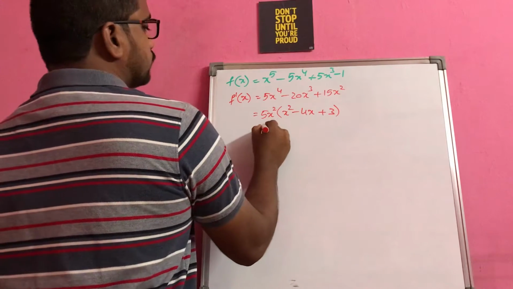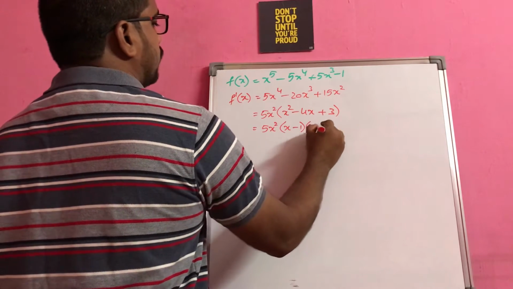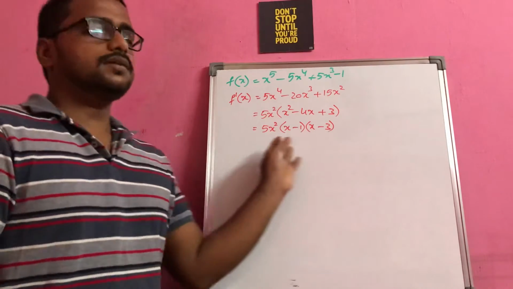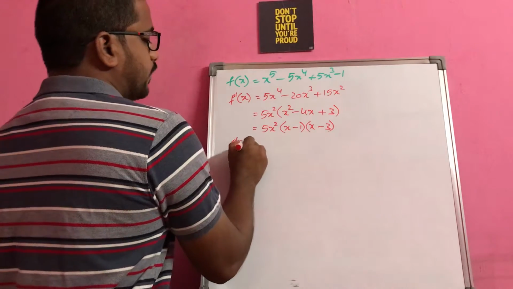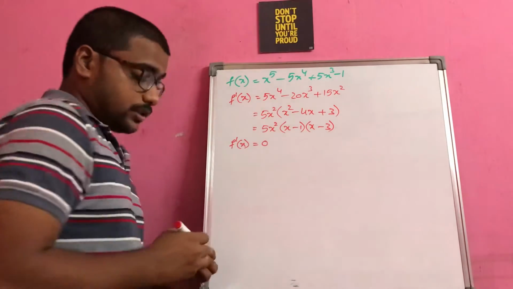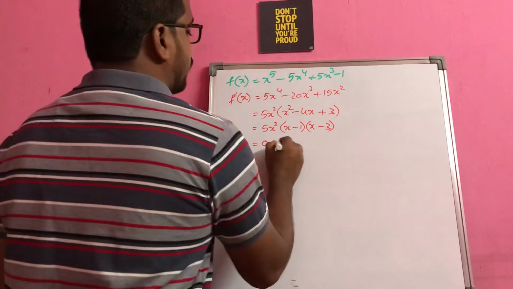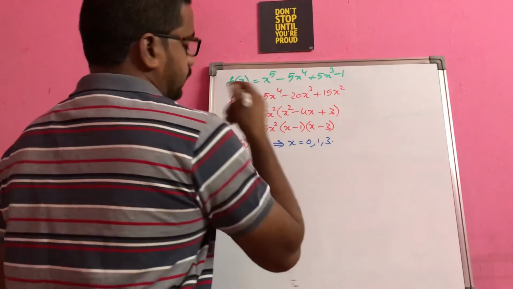This we know we can factorize as x minus 1, x minus 3. Okay, so you are getting f dash of x. So what we will do generally as the next step is equate f dash of x to 0. Once we equate f dash of x to 0, you will get the different values of x. So x is equal to 0, 1, 3.